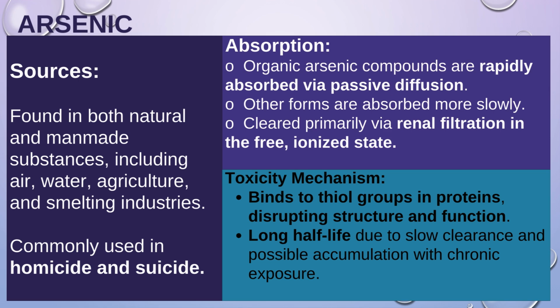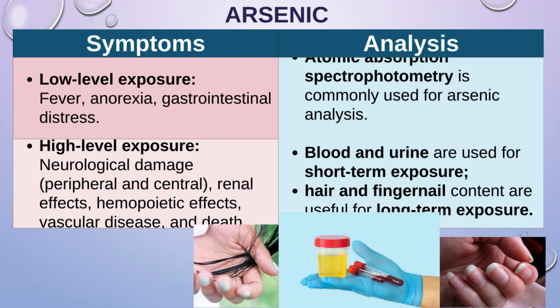What's important with arsenic is to always remember this toxicant binds to thiol groups in proteins. Once there's binding, the structure and function of proteins will be disrupted. Another disadvantage is the long half-life because it is slowly cleared in the body. Hence, there is possible accumulation with chronic exposure.